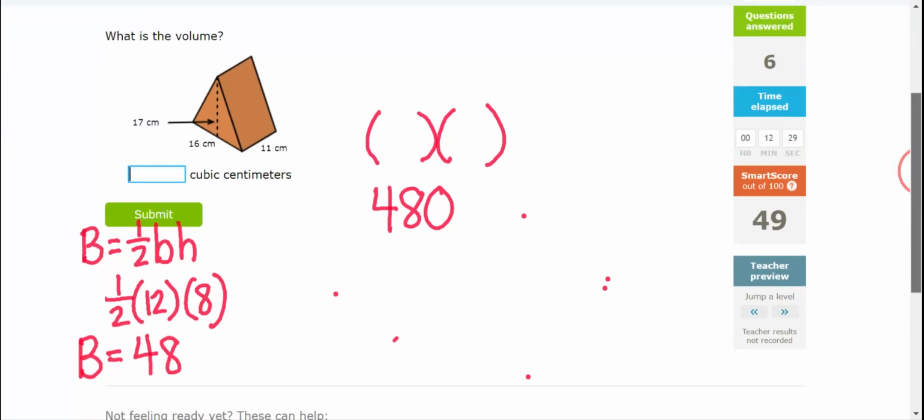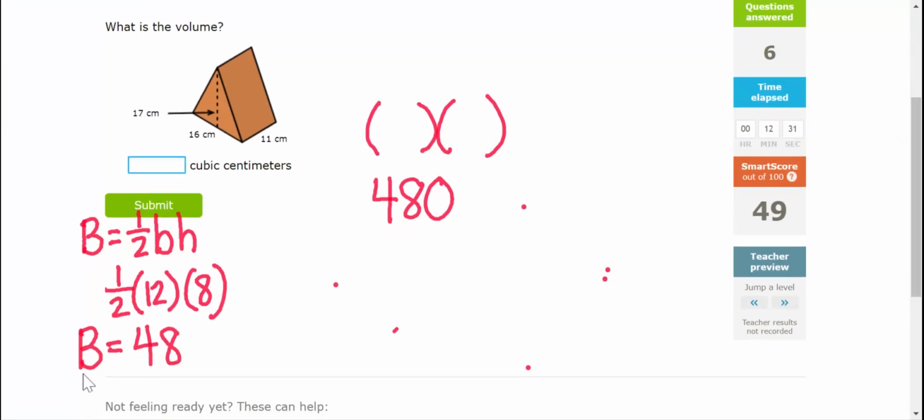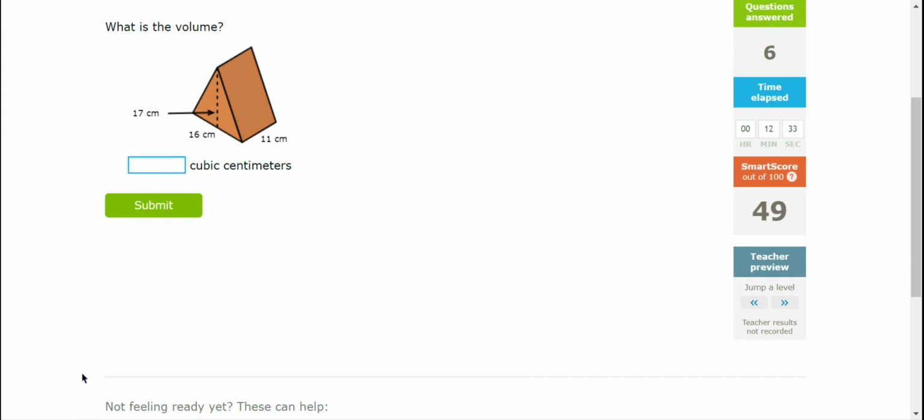Okay, so we have another triangular prism. I'm going to use the same formula for this triangular prism. Volume equals capital B H. Capital B is going to be the area of our base. When you're dealing with a triangular prism, your base is always going to be the triangle part.